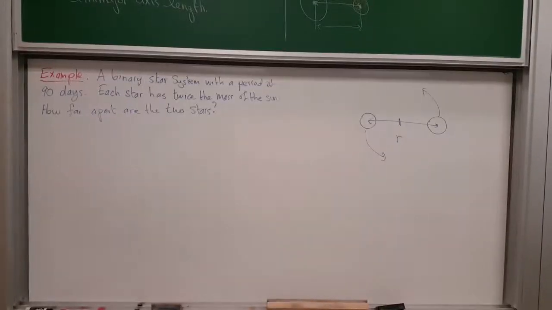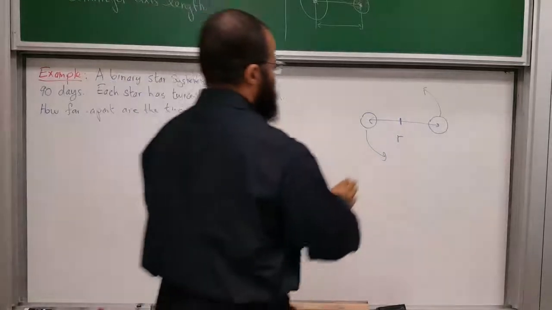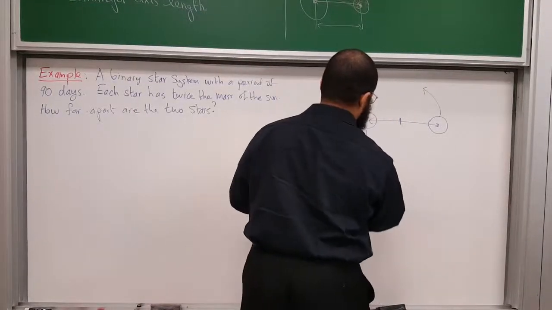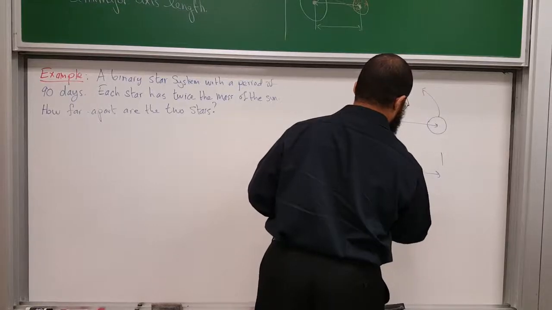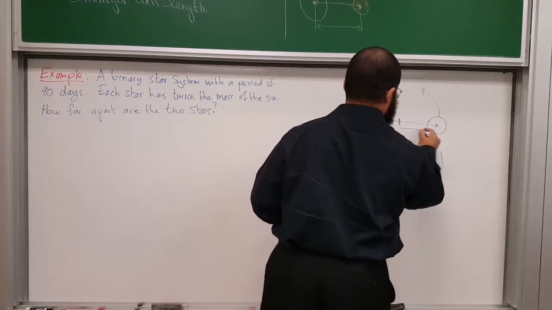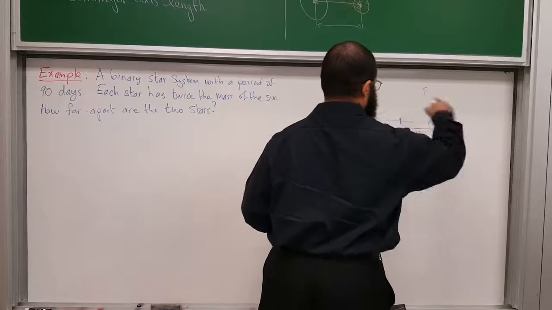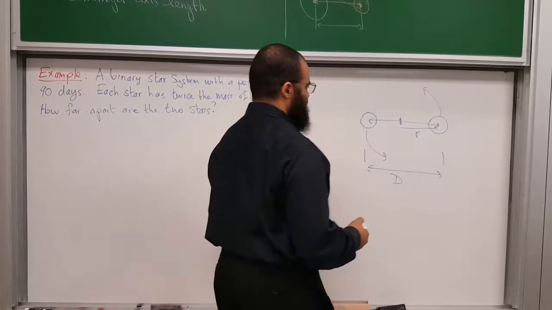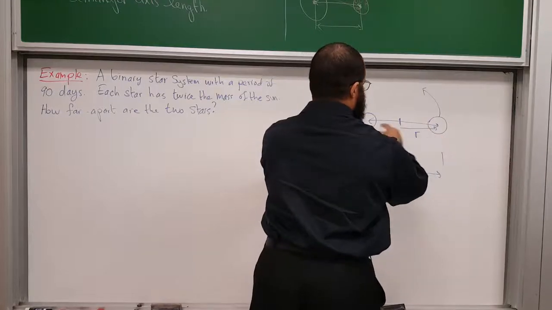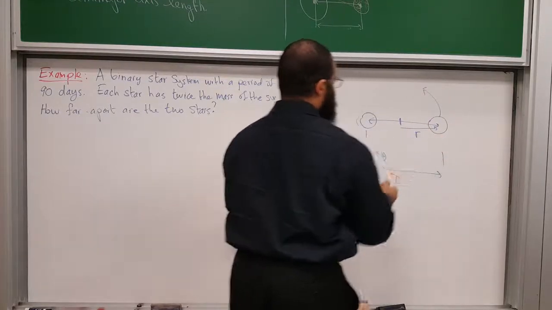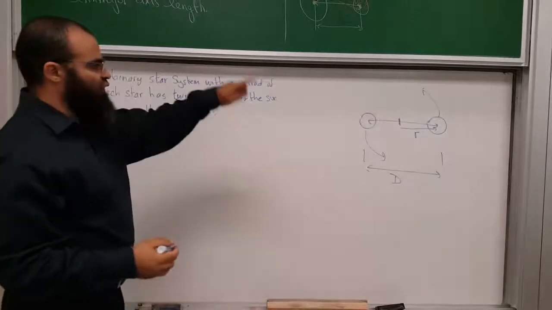All right, so, in fact, I'm going to call the distance between them, let's call it capital D. And so each star is going around a circle of radius r. And why does it go in a circle of radius r? This star attracts this one, and this one attracts this one. And so let's just consider one of them moving.